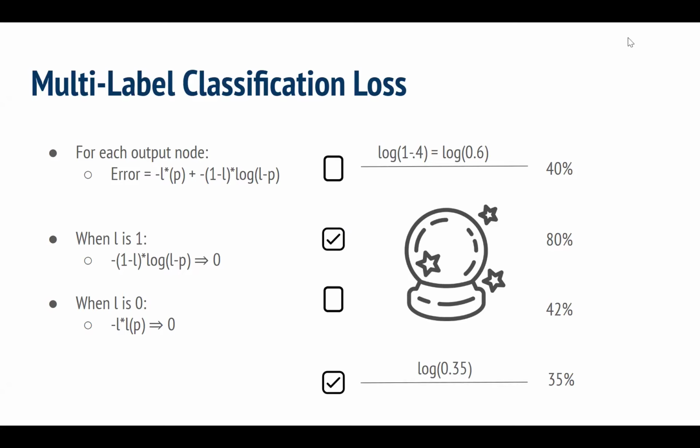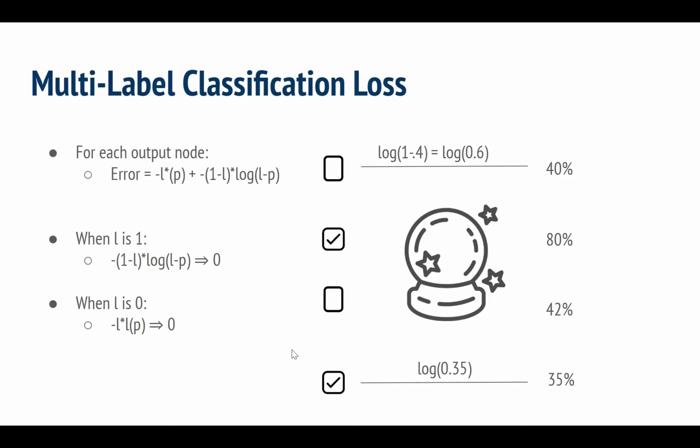It's just a collection, the summation of the loss function for each of the nodes. So here, if you look at this first example, where the label does not apply to the instance, the checkbox is not checked, we take the log of 1 minus our probability, so it gives us the log of 0.6. This column shows our prediction, and this column shows the actual, whether the label applies or not.